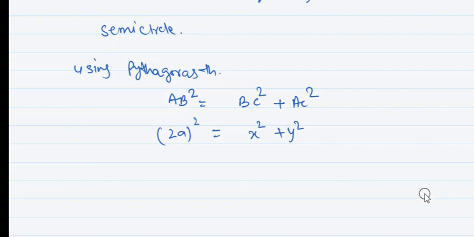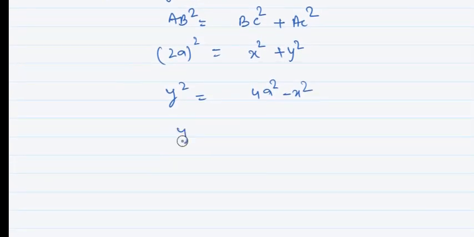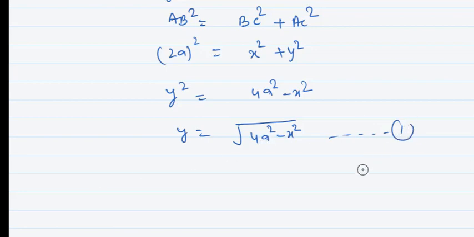So we need to find out any one of the value, either X or Y. So let us calculate Y square, which is clearly 4A square minus X square, and clearly Y is equal to square root of 4A square minus X square. Let me name this expression as expression number 1.